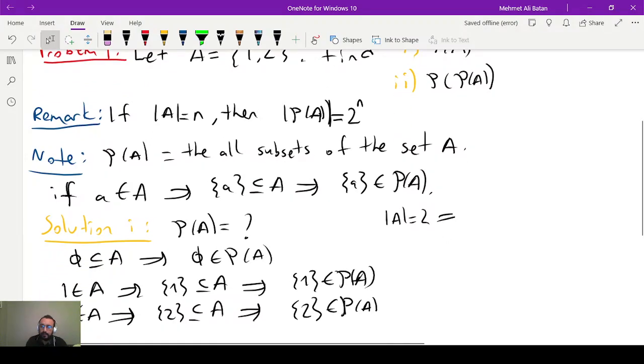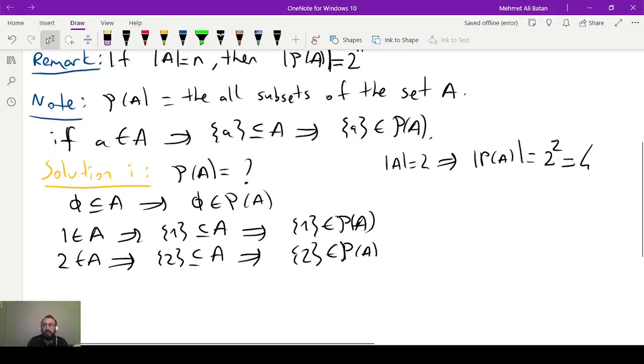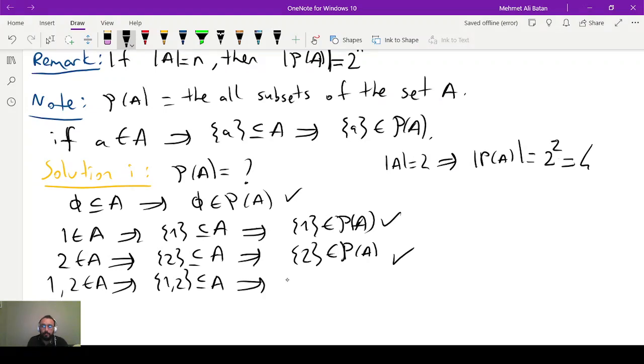So this implies, thanks to our remark, the number of elements of the power set of A is equal to 2 to the 2, 2 power 2, which is 4. So the power set of A must contain exactly 4 elements, and which are these, and finally 1 and 2, both of them in A, which means {1, 2} as a set is a subset of A, which implies {1, 2} is in the power set of A. So this is the last element.